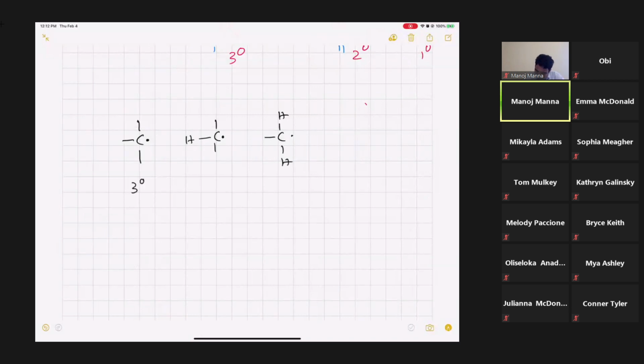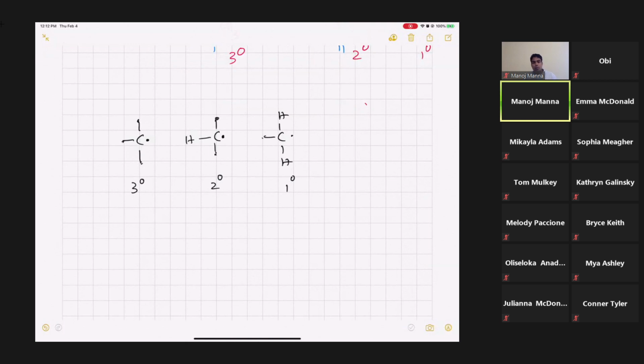This is a 3 degree carbon radical, this is a 2 degree carbon radical, this is a 1 degree carbon radical. I hope you understand that I'm representing this one as a methyl group, hydrogen. So one carbon, the carbon bearing the single electron, is connected with 1 carbon, that's why this is 1 degree, but here two carbons, 2 degree, and this is 3 degree.